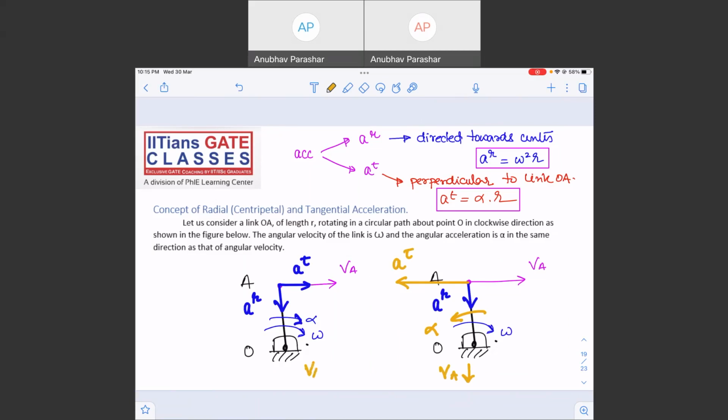In this case the velocity is increasing. This is the case of acceleration, and this is the case of retardation.